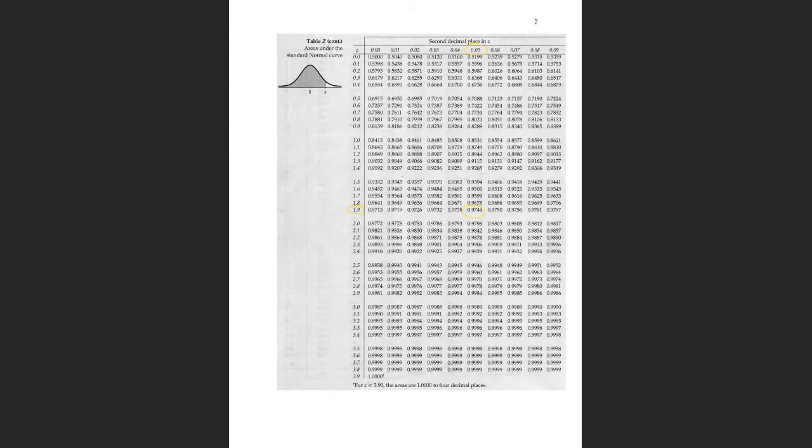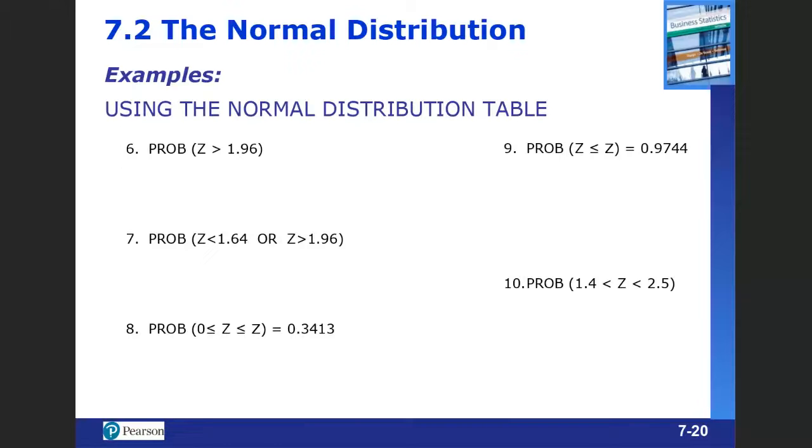Questions? Okay, we have one last exercise to finish up today's class, and that's problem number 10, which is saying find the probability when z is between 1.4 and 2.5. So this is really simple, right? Now you know how to do this.